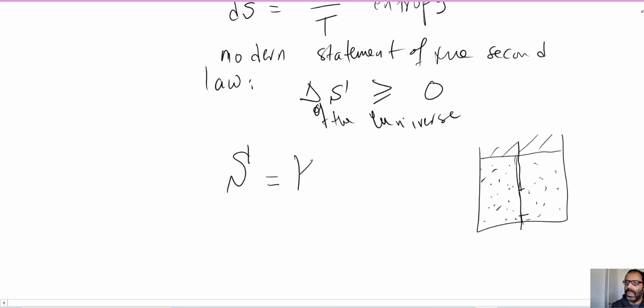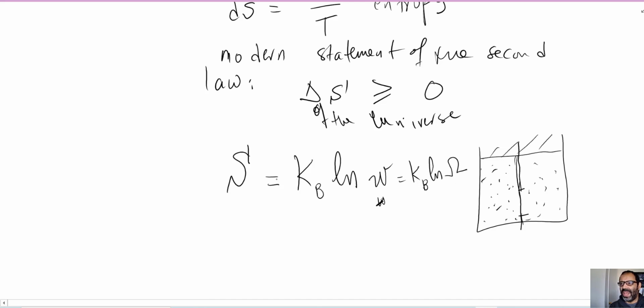Mr. Boltzmann showed, and we're not going to go through the derivation here, that the entropy is related to the number of so-called microstates. I think the book uses a lowercase w, but it is usually written as capital omega.